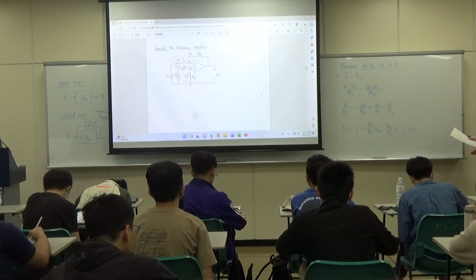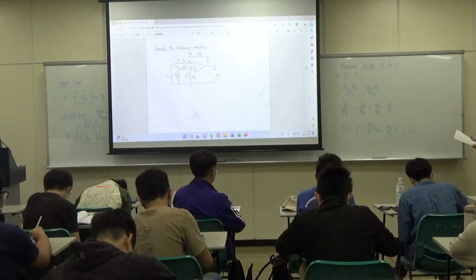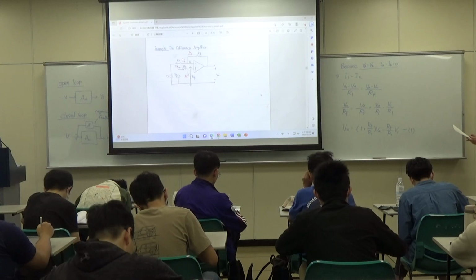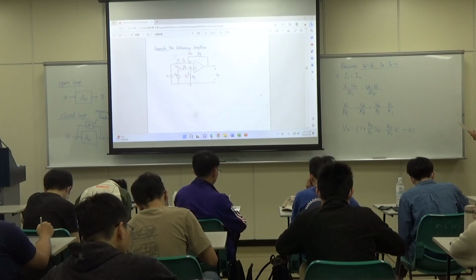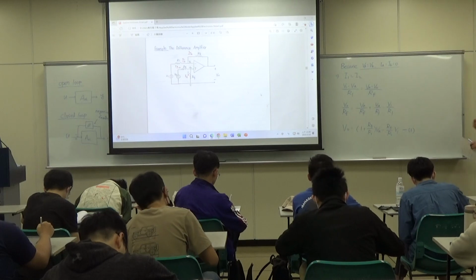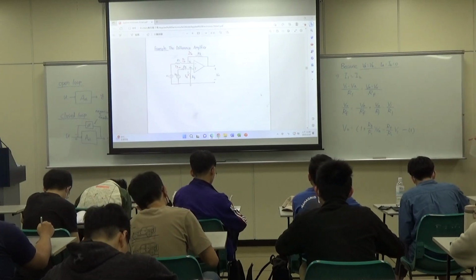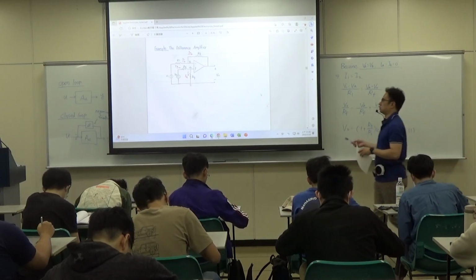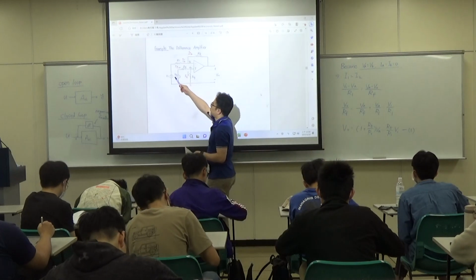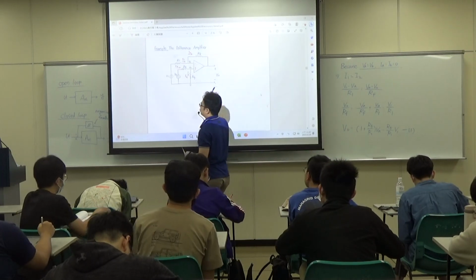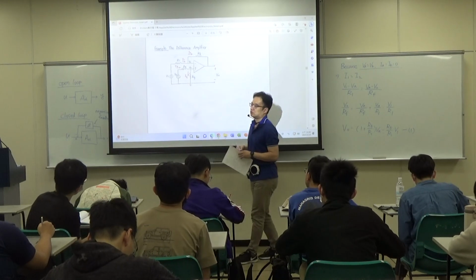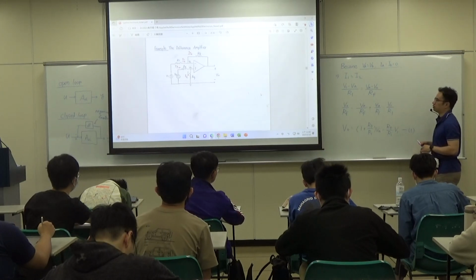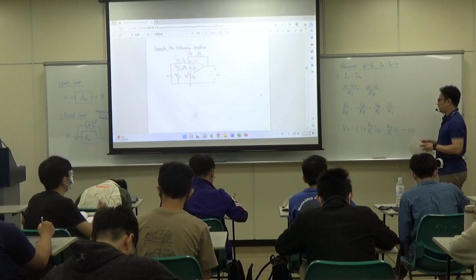It will be easier for you. Right now you just need to know how it comes from. We first use R1, R3, R4 and RF as symbols. In the exam, you will most likely be given V1, V2 and all the values, and asked to calculate VO. This is called the difference amplifier.